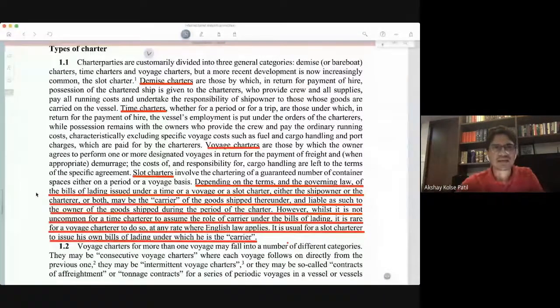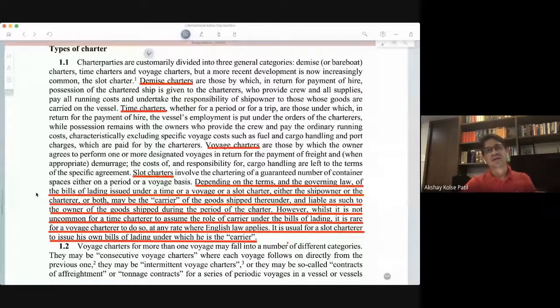Then you have something called a slot charter, which is something of a new thing which has evolved in the day of containerization, where you can take a certain portion of the ship on charter.